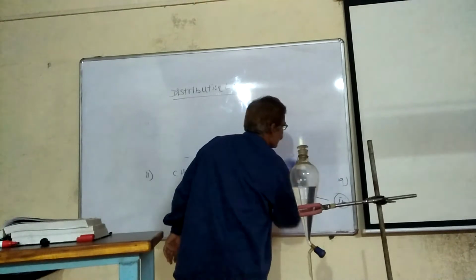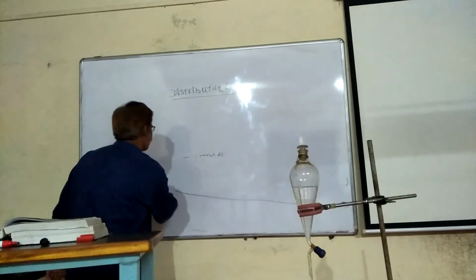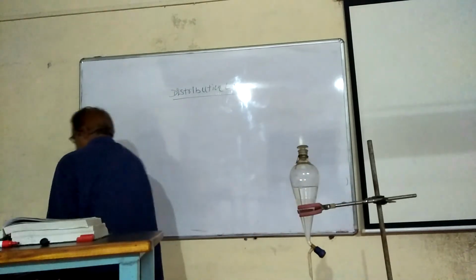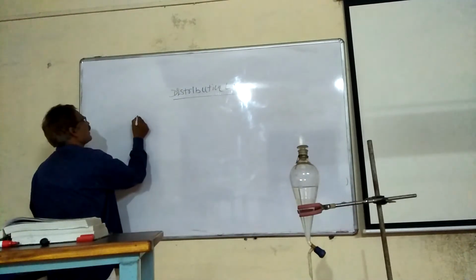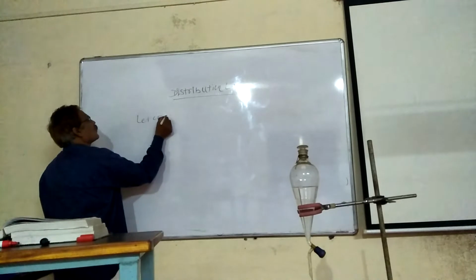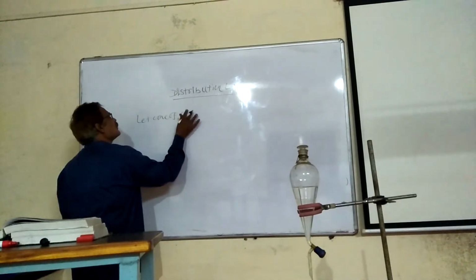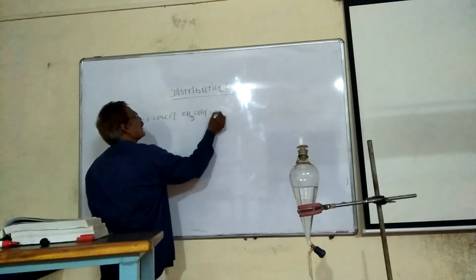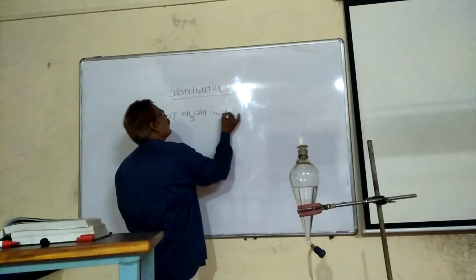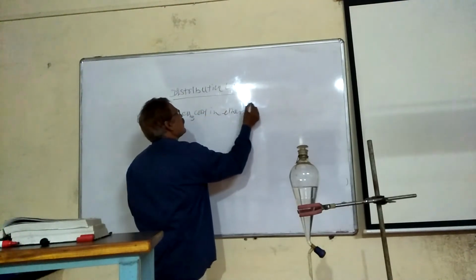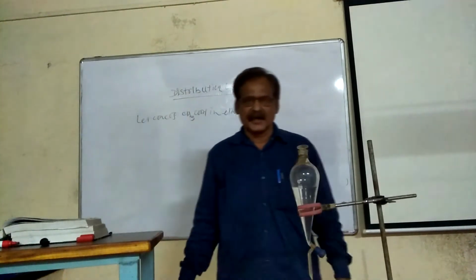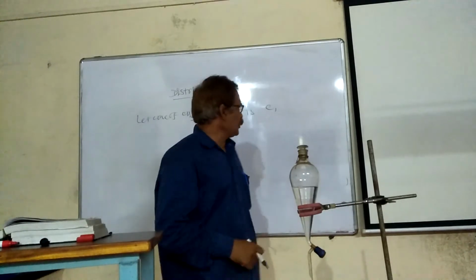Before that, let us suppose the concentration of acetic acid in normal state in ether is C1, and in ether acetic acid remains in normal state.